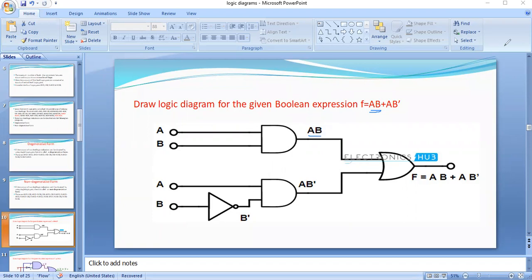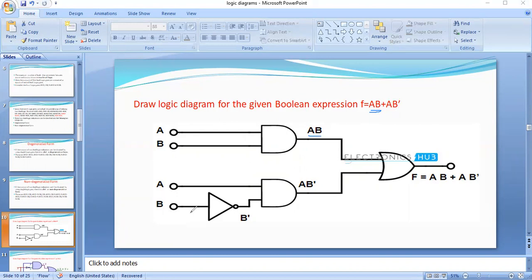And next one is A dot B bar. Here also we have a dotted operation, so we have to use an AND gate here. One input is A and another input is B bar.